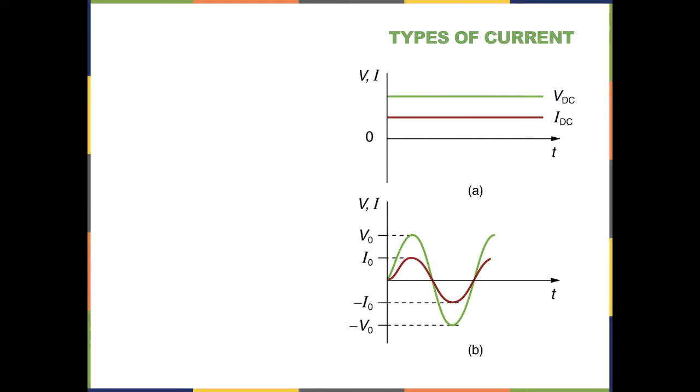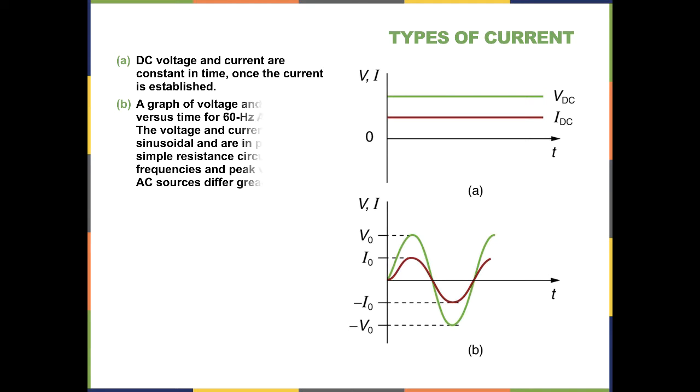Now, the current, when it's produced, can actually be produced in two forms. One form is called direct current, DC: voltage and current that are constant throughout once the current is established, and this is shown here in diagram A. You have a constant current and a constant voltage.